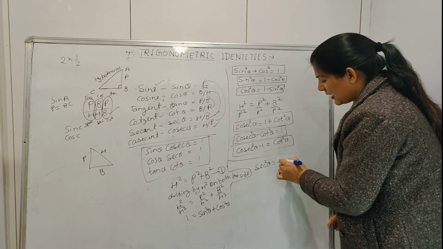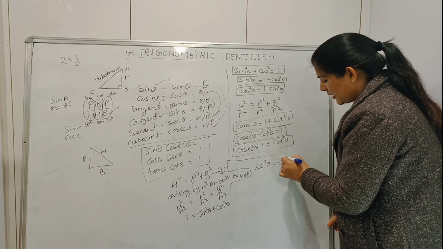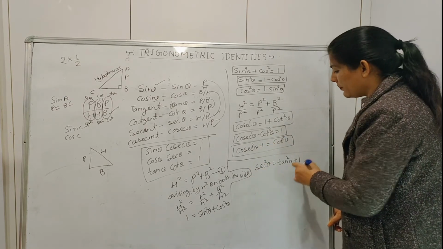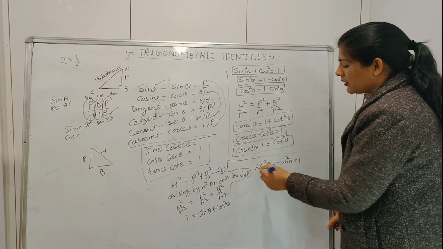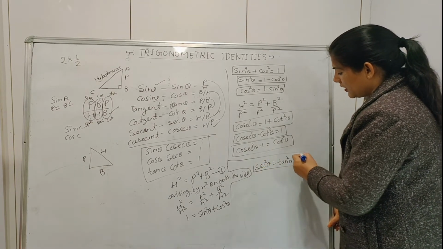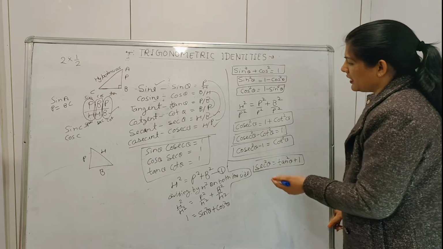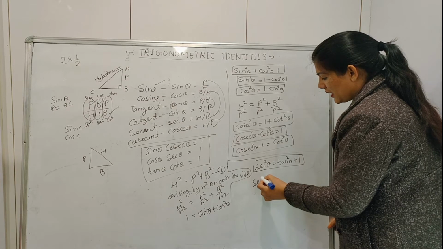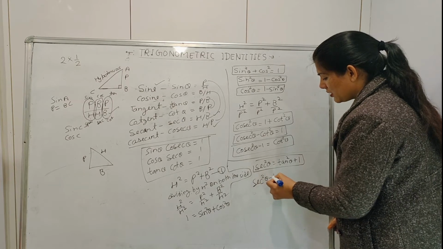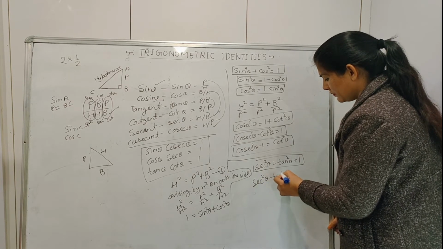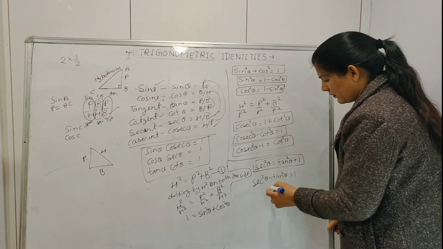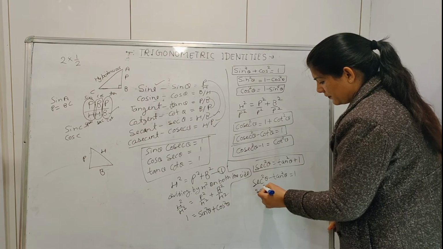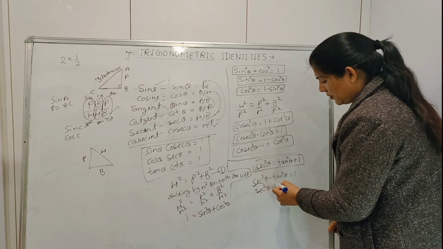So this is the third, or you can say the seventh identity. You can write it as sec square theta minus tan square theta equals 1, or sec square theta minus 1 equals tan square theta.